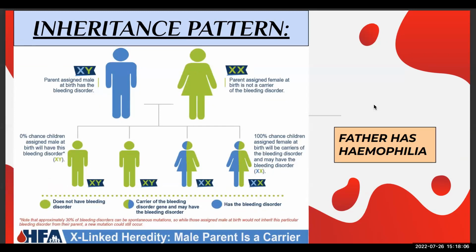So your probability must be based on the gender. If male, 0% hemophilia and not a carrier, because males cannot be carriers. They either have the disease or not. So you cannot say 50% carrier or 50% no hemophilia. You can only say if it's male, it is 0%, if it's female, 100% she will be a carrier. So you cannot say 50-50. In the picture it looks like 50-50, but this is just the permutation. Okay, next.